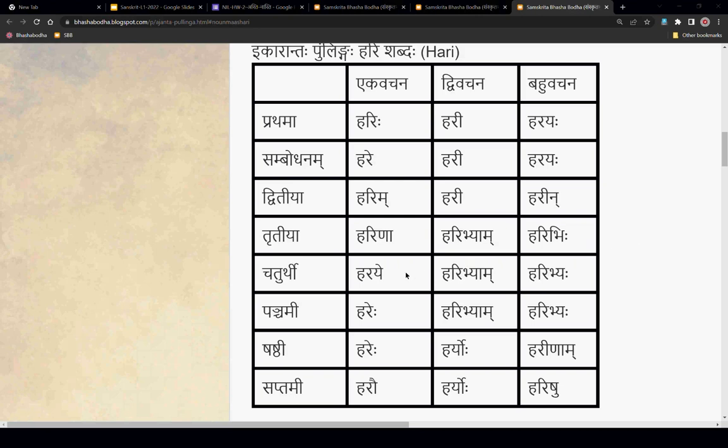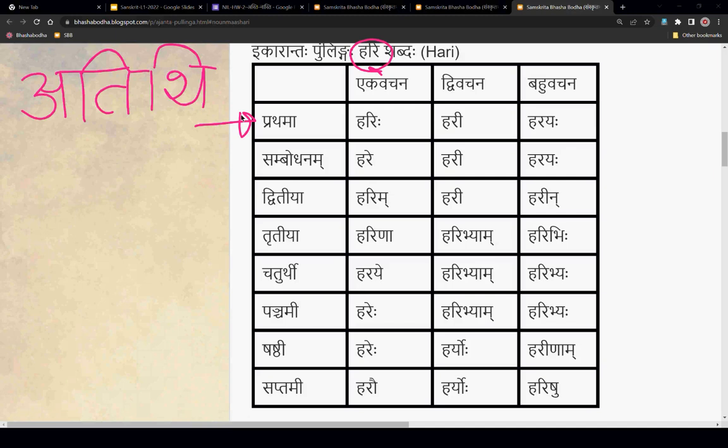If it is Atithi, what is the meaning of Atithi? Guest. Atithi is the base word, like Hari shown on the top here. So what will be the forms in this line for Atithi?